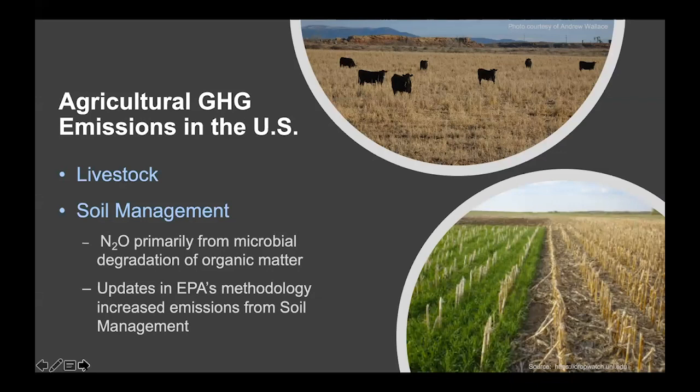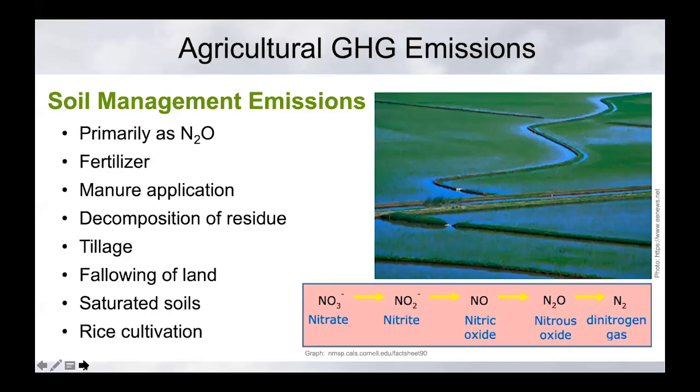It's also some from our fertilizer and how that decomposes or goes through the nitrogen cycle. If you have actually been looking at any of those, the EPA just changed their methodology for how they determine the soil management emissions. And so soil management is now a slightly larger portion of the emissions than livestock, and it used to be just the reverse.